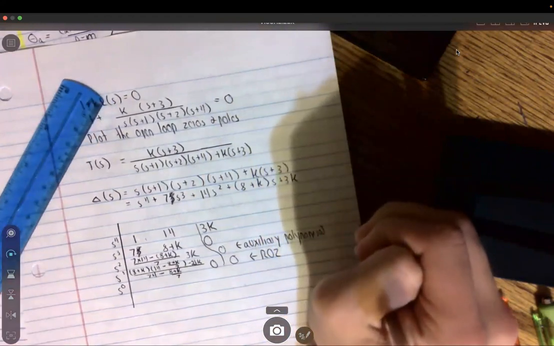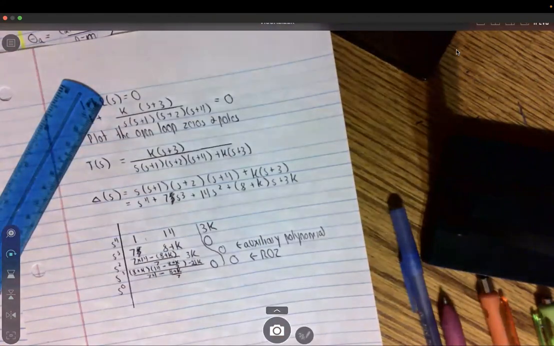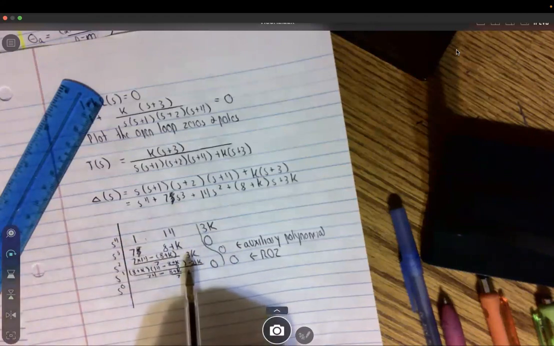With that knowledge, when we do the calculation, we have 8 plus K times this whole numerator. If we get a row of zeros here, this whole numerator had to be equal to 0.